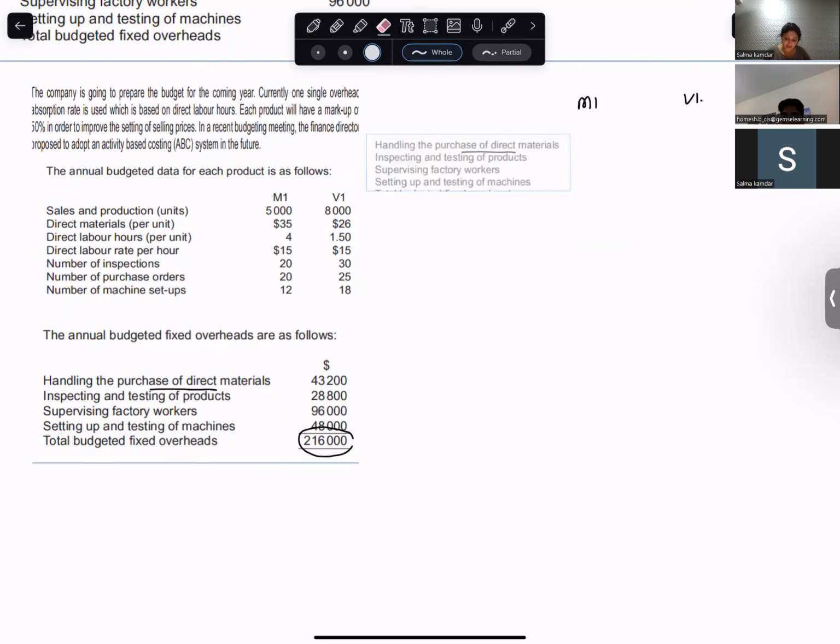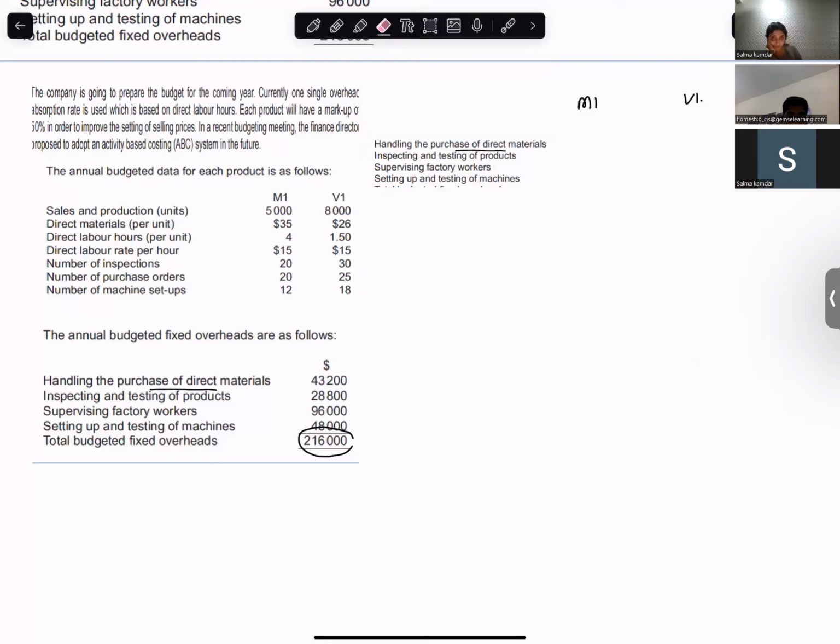I want to know the cost driver for each.